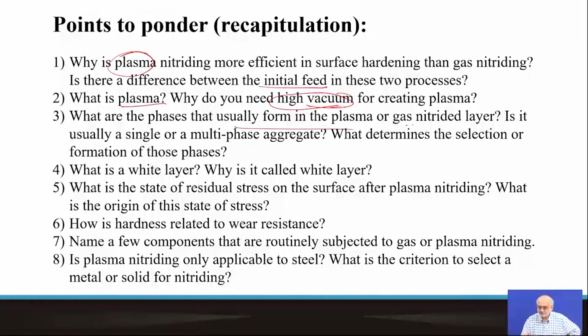The phases that form in plasma nitriding or gas nitriding are nearly about the same, but the thicknesses differ, and even composition differs to some extent. As I said, if this is the component, and this is the white layer formed, then the very thin layer on the surface will have the highest nitrogen containing compounds, more of them at the top surface than at the bottom.